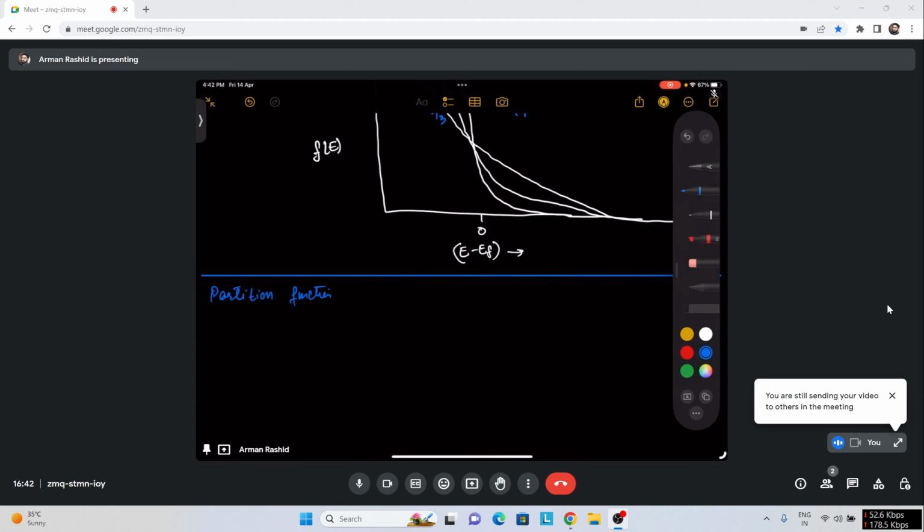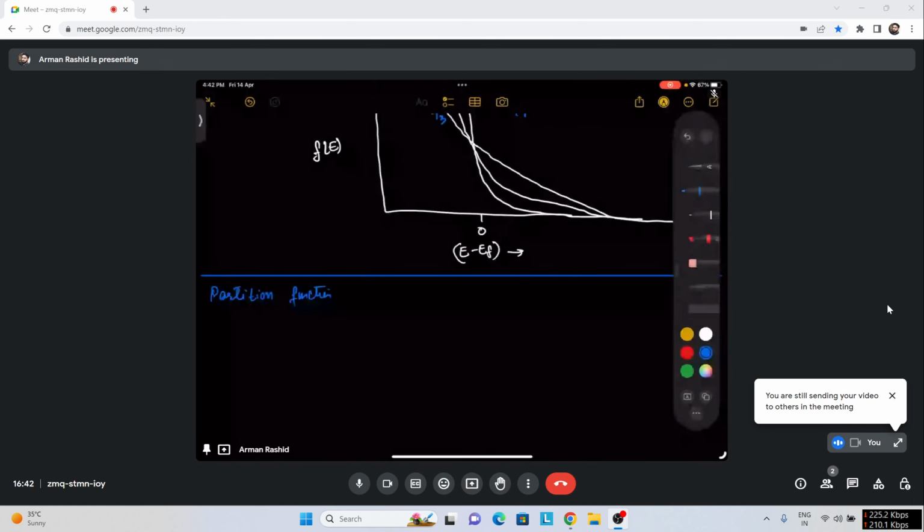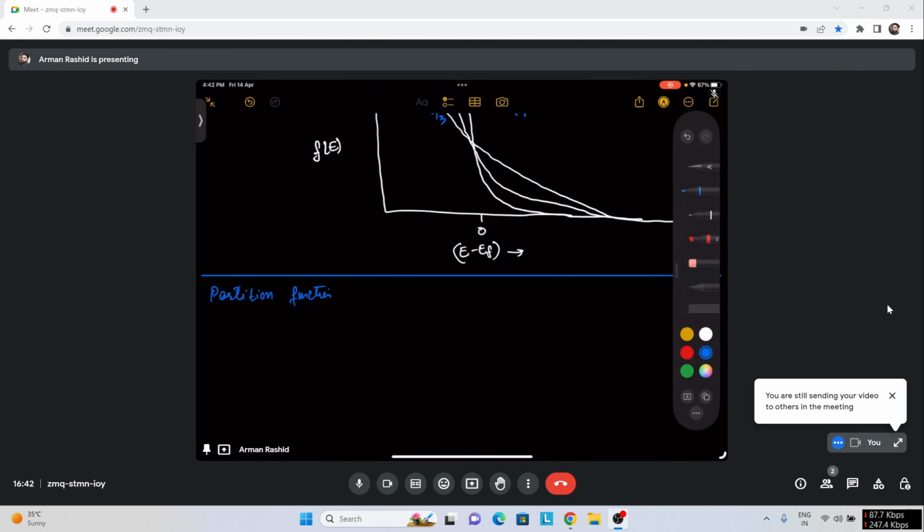The partition function describes the statistical properties of the system in thermodynamical equilibrium. The partition functions are functions of thermodynamical state variables such as temperature and volume.